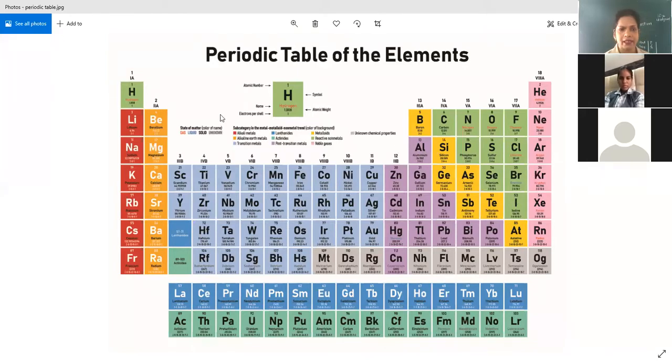When you write the electronic configuration, you will come to know the entry of the last electron. If the last electron enters the s orbital, we say the s orbital is progressively filled.